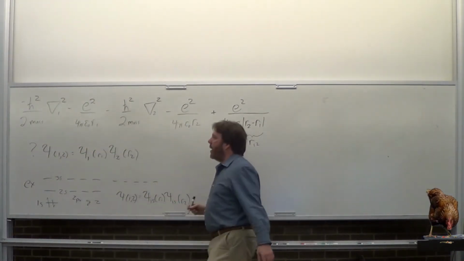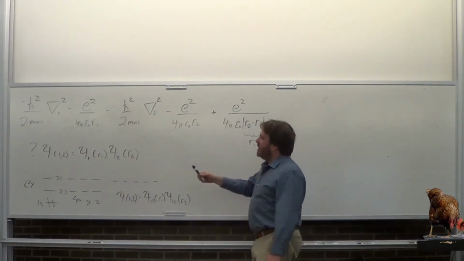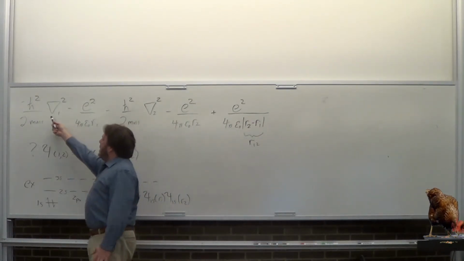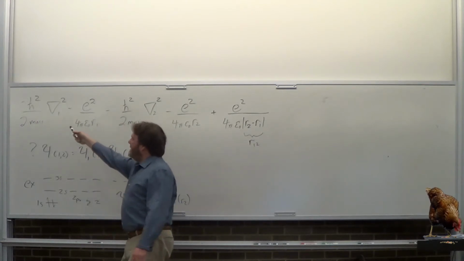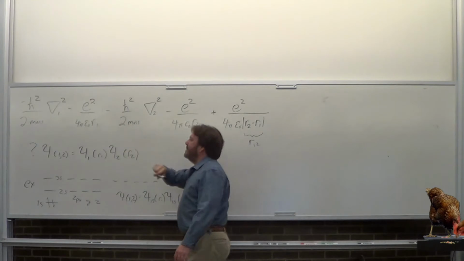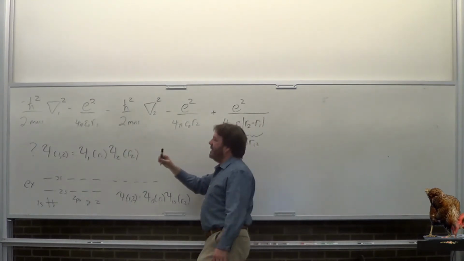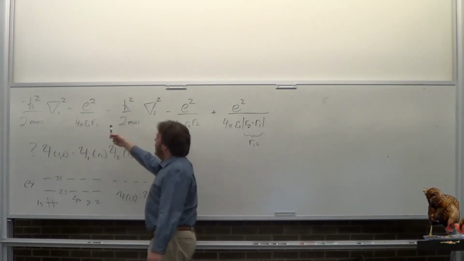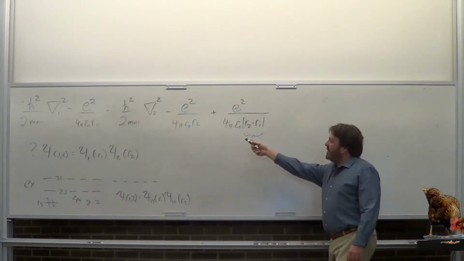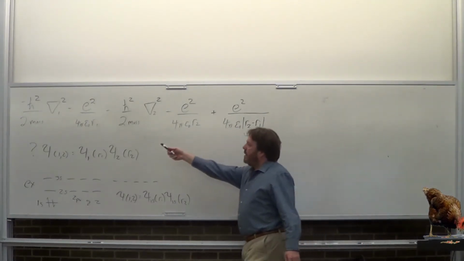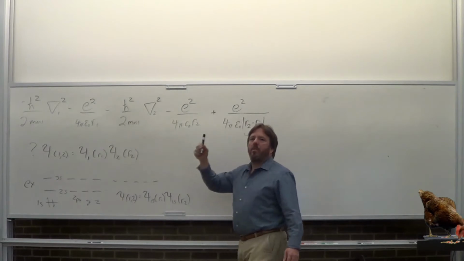So I squared it. Don't forget that we're still in radial, so this is our 1 over r, d/dr, r, all that jazz. The sines and 1 over sine, d/dθ, sine, d/dθ, all of that's in here. Another thing I want to point out is that I've got 1s and 2s for electron 1 and electron 2.